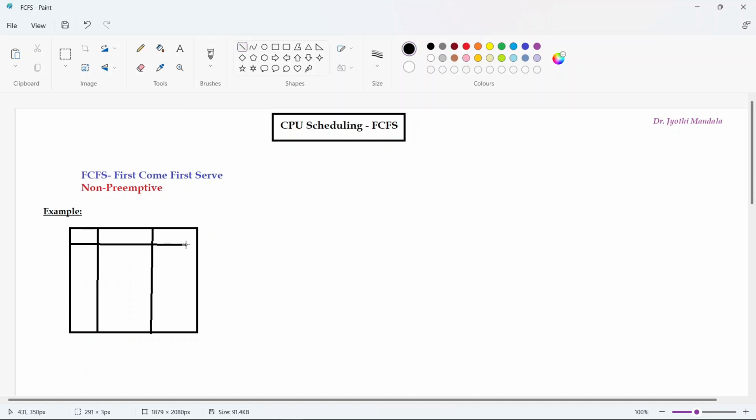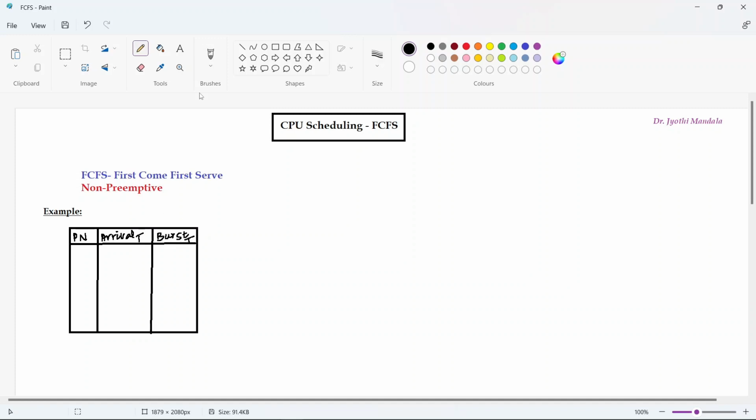I'll write it here: this is the process name, PN is nothing but process name, and this is your arrival time, and this is your CPU time required, the amount of time required by each process to finish its execution. That is called burst time. Burst time is nothing but the amount of time required to finish its execution.